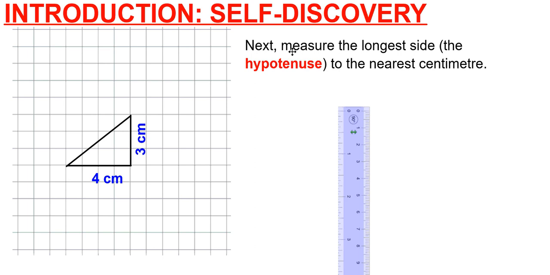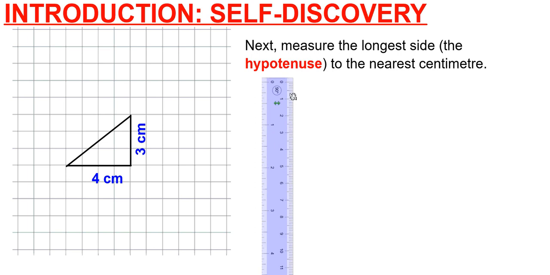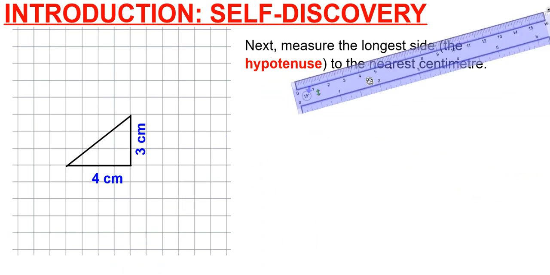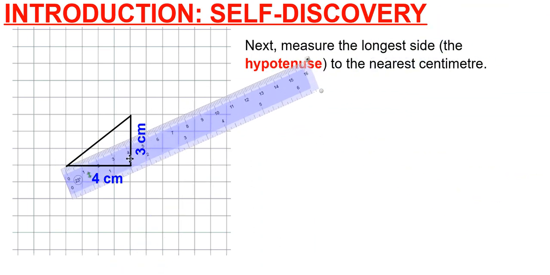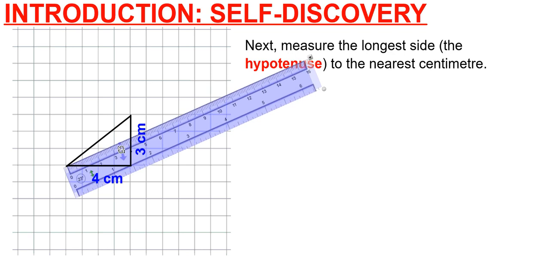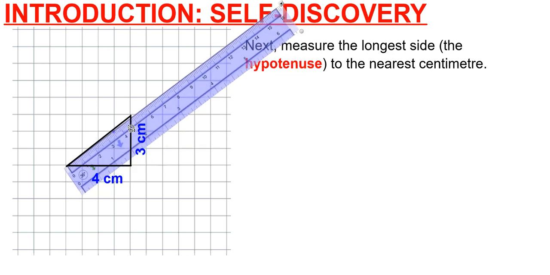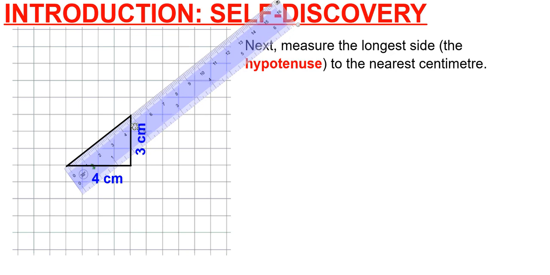After that, what we're going to do is measure the longest side, which is called the hypotenuse, to the nearest centimetre. If you do this as well as me, write down what you get. On mine, hopefully you can see here yourselves as well, it starts at 0, 1, 2, 3, 4, 5.